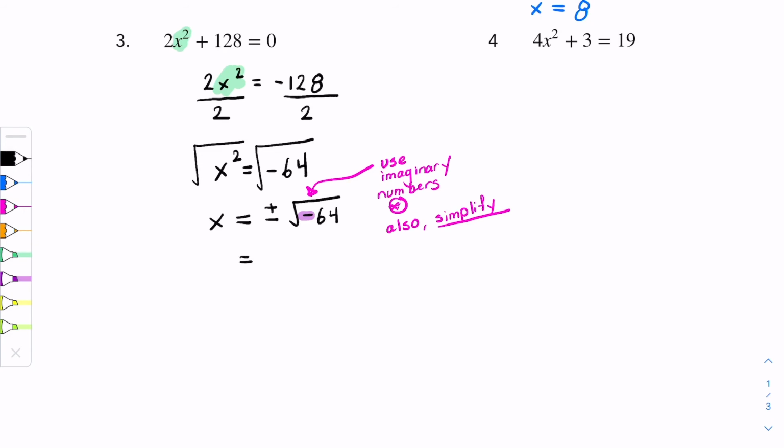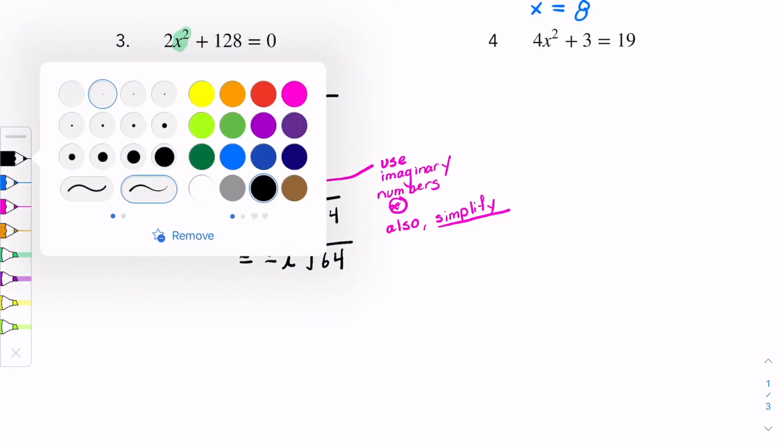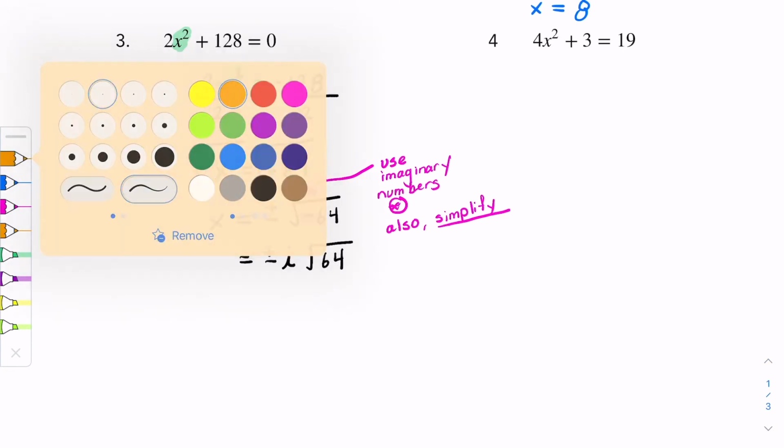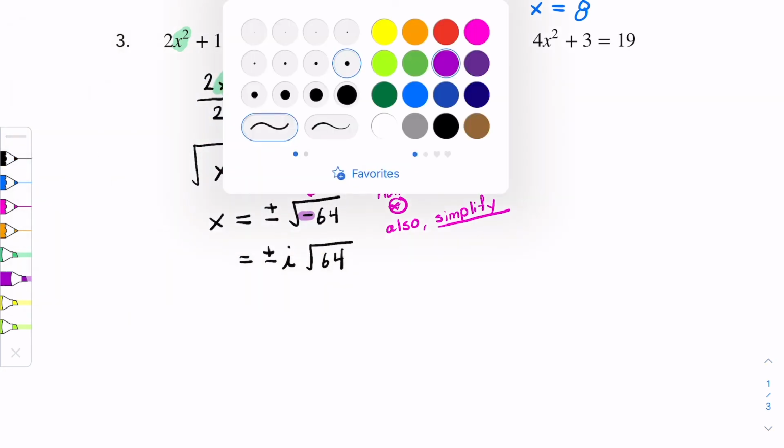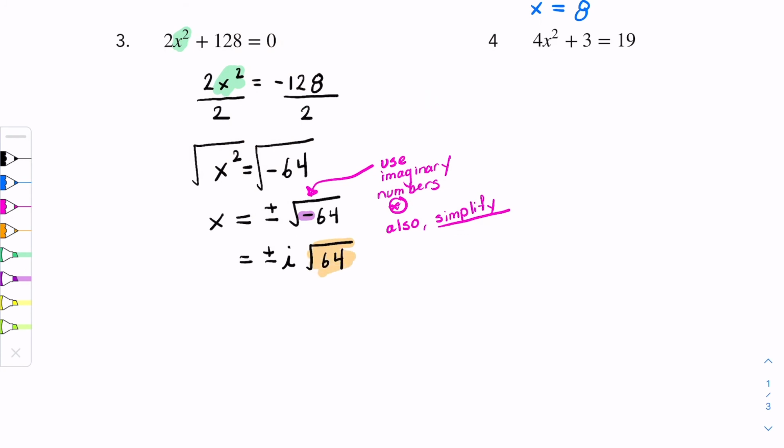To start off by simplifying this, I'm going to rewrite this as plus or minus, and then I'm going to take out my negative square root of 1, so I have i times the square root of 64. After I have i times the square root of 64, I can recognize that 64 is in fact a perfect square. So I can simplify this one step further to plus or minus i times 8.